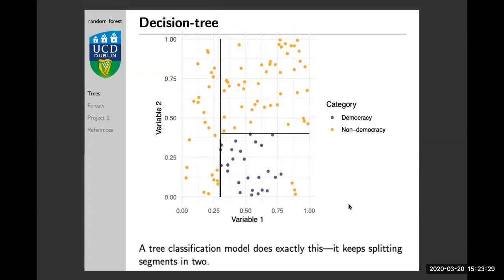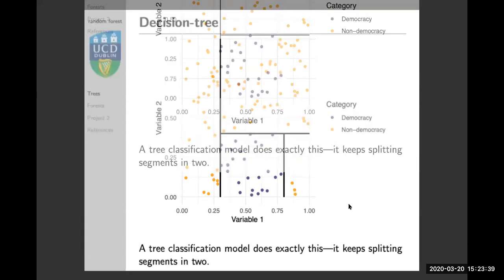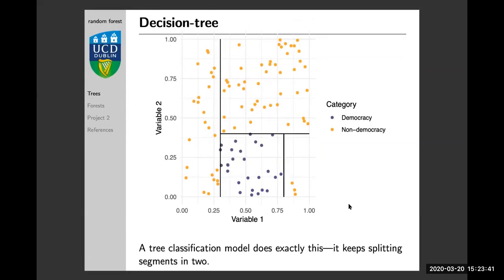As a second step, we might divide the part on the right of that line in 2 parts again, where variable 2 is greater than 0.4 and where it is less than 0.4. And in the final step of the classification tree, we can divide the space below that line on the right into a half where the democracies are and the part where the democracies are not. So this looks exactly like the decision tree.